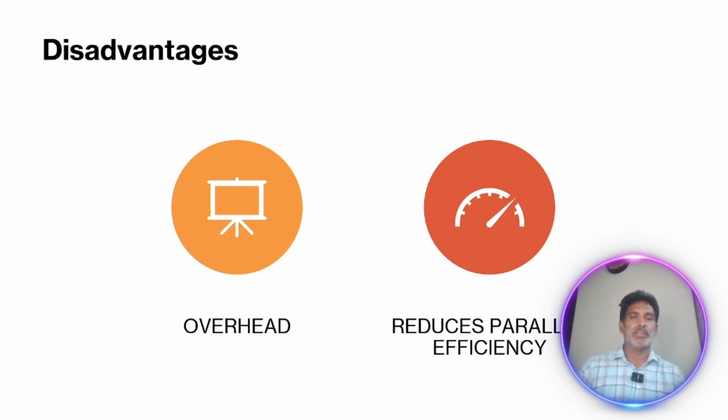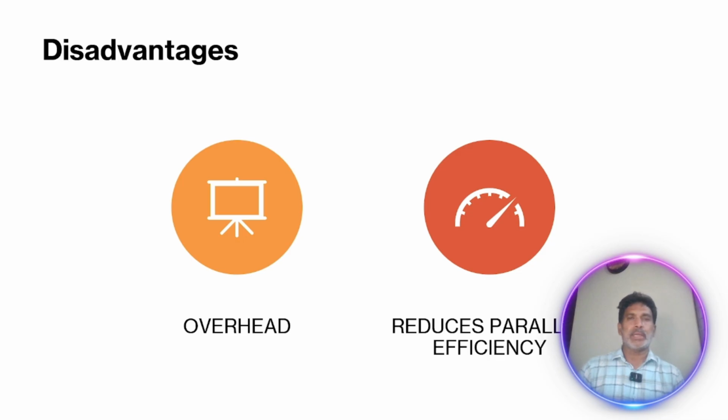And next one is limited parallelism. The main goal of parallel programming is to run the tasks simultaneously, but excessive synchronization forces the threads to execute sequentially in many parts, reducing the benefit of using multiple cores. So parallelism is restricted.